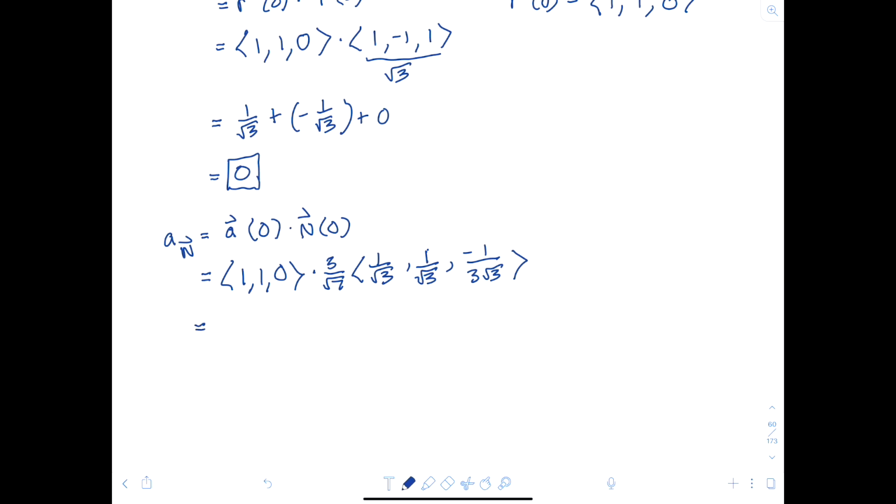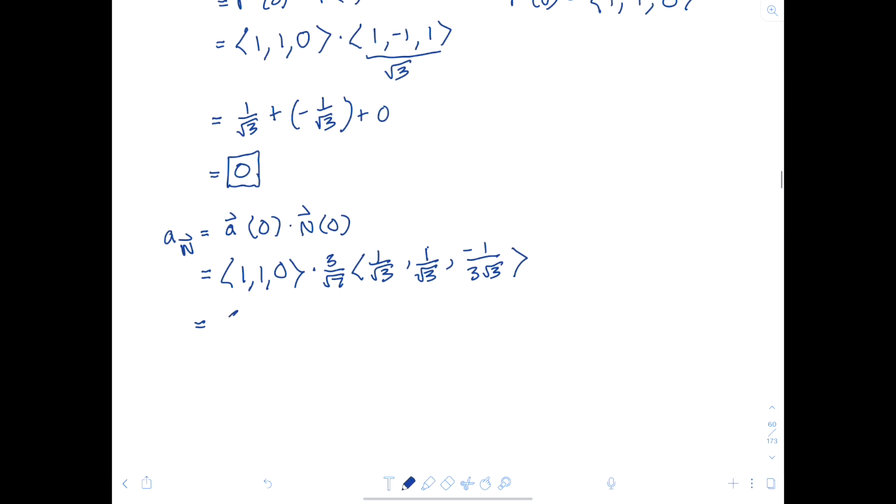So then, let's see, we will get 3 over root 21 plus 3 over root 21 minus 1 over, plus 0.